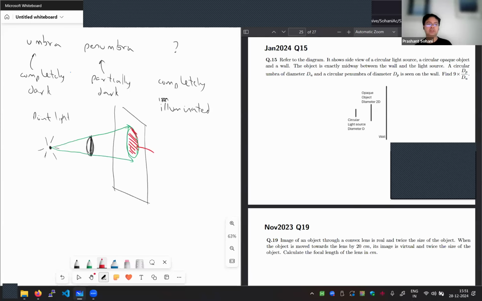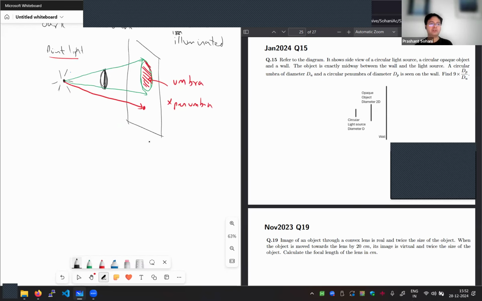So therefore, this is called the umbra. In this case, there is no penumbra because every point on the screen is either completely dark or, if it is here, the light will directly reach there. So there is no shadow. So if the light source is a point light, then there is only umbra. There is no penumbra.